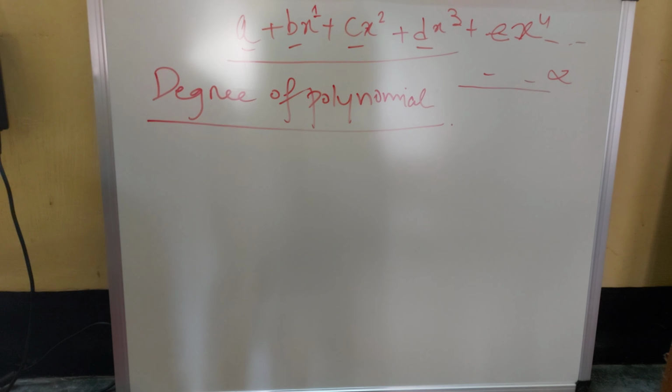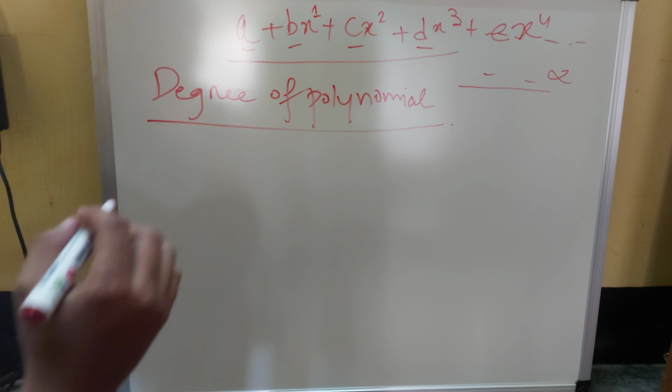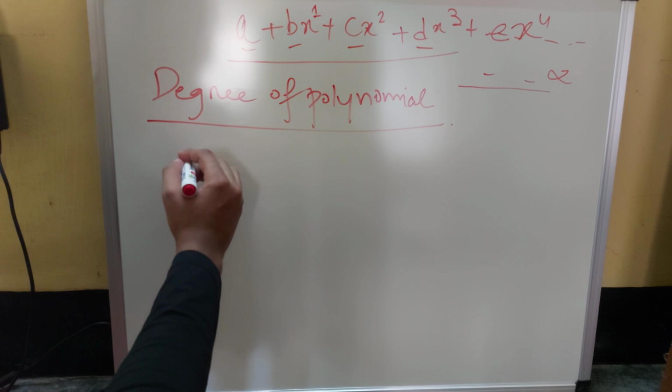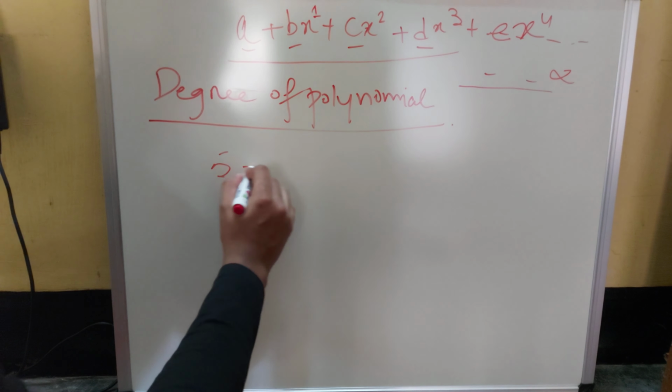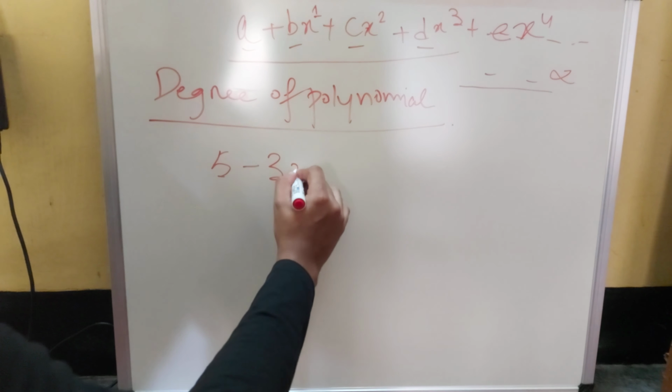Now, what is the degree of a polynomial? Look, the degree of a polynomial is the greatest power of the variable present. Now, let me show you one example. Suppose the first one is 5 minus 3x.